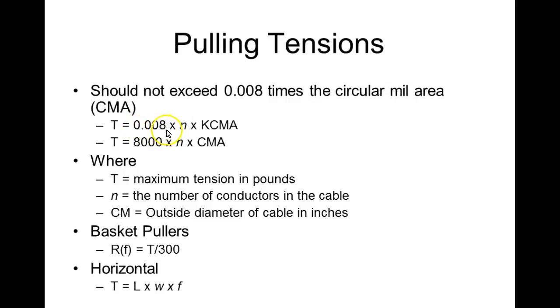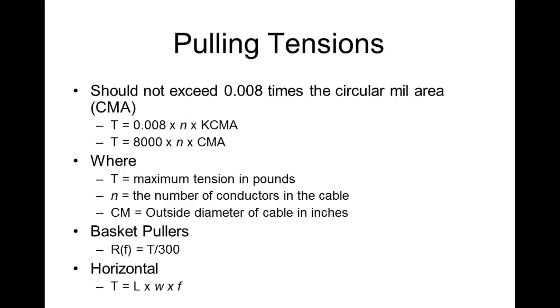You take 0.008 and multiply it by the kcmil of the cable, and your answer is going to be the amount of tension, I'm sorry, that you could put on this.